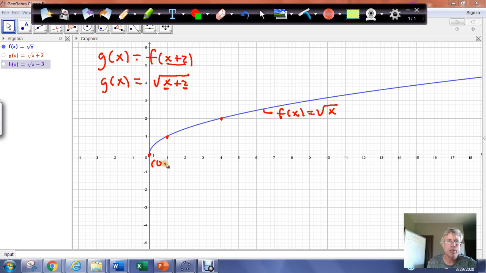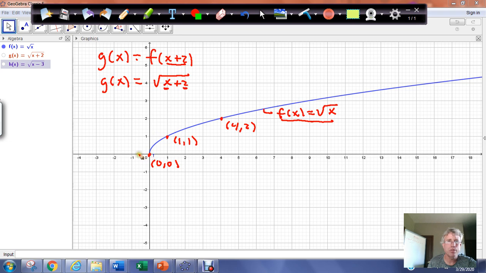So we get the origin, the point 1, 1 as a lattice point, and the next nice lattice point is the point 4, 2. The graph of g should just be the graph of f of x equals the square root of x shifted 2 units, and because we're adding, it's going to be 2 units to the left.